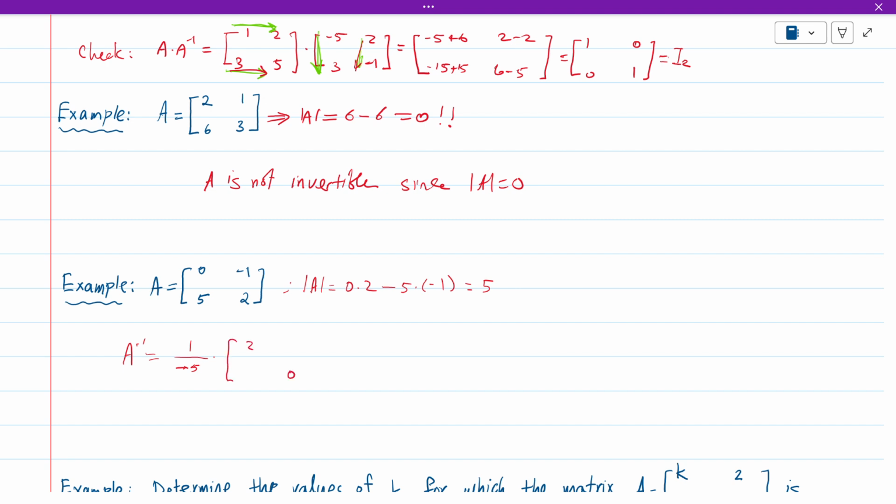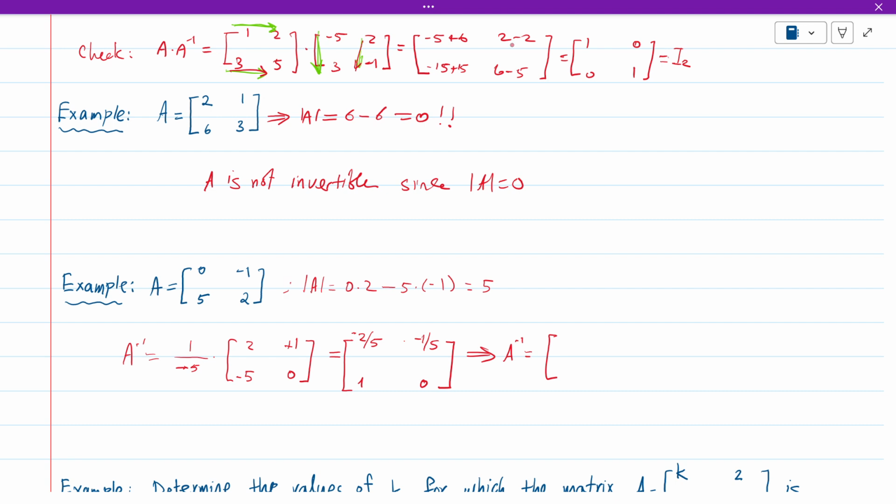For the adjugate, we exchange the places of A and D and give the opposite sign to C and B. To simplify this, you get negative 2 over 5, negative 1 over 5, 0, 1.